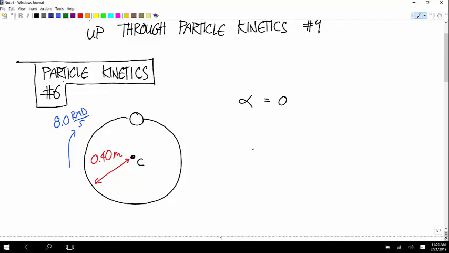And the coordinate system that we're using is given like this. We usually use this. What's the acceleration of the object at the instant shown?